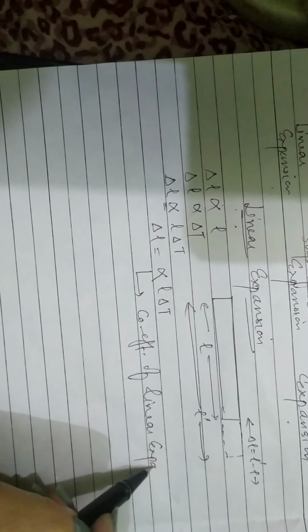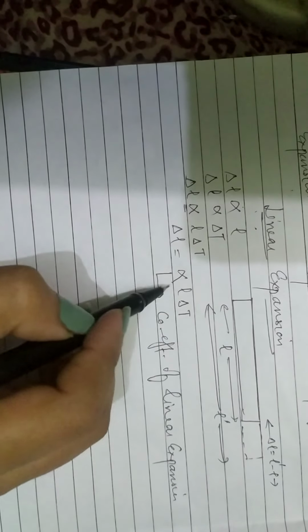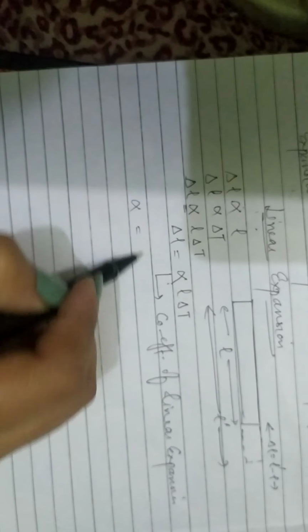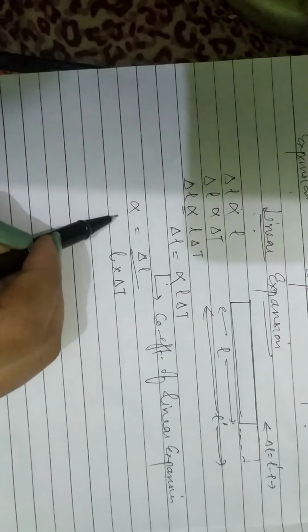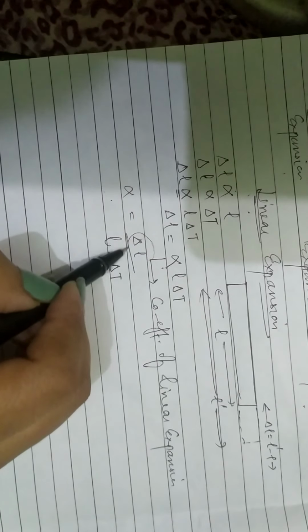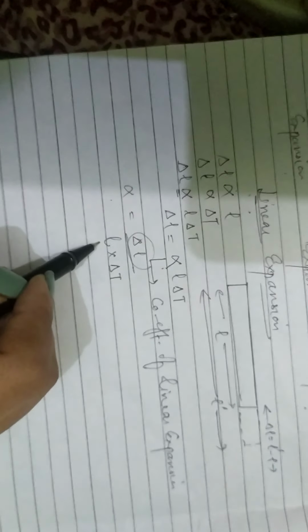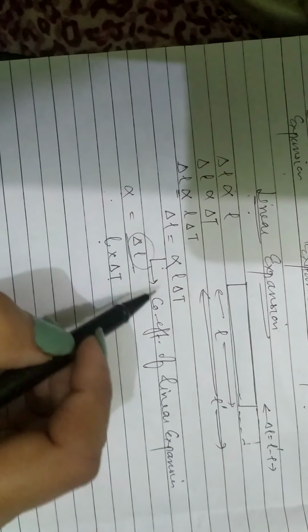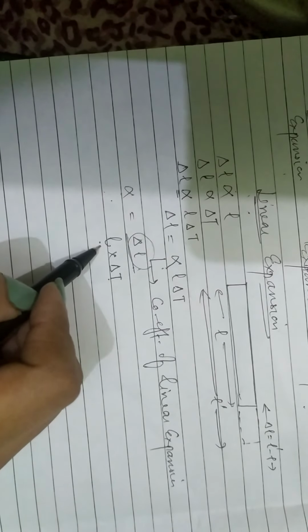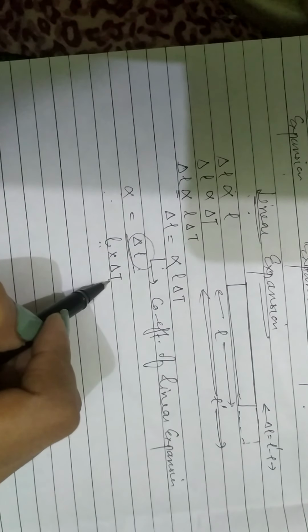So how to define this alpha? Alpha is delta L divided by L into delta T. So what will be the definition? It is the increase in length, or change in length, per unit original length per degree rise in temperature. Alpha is the ratio of increase in length to the original length per degree rise in temperature.